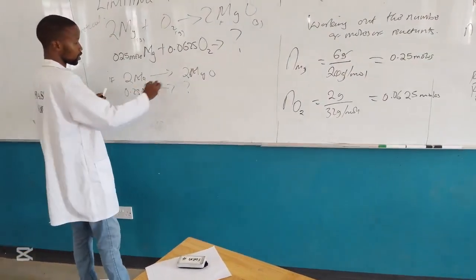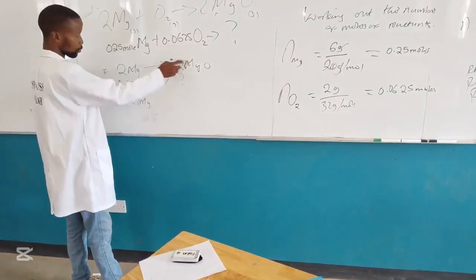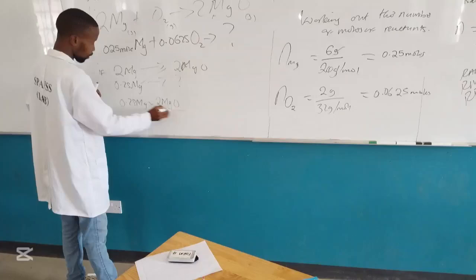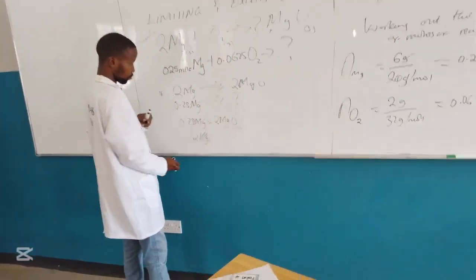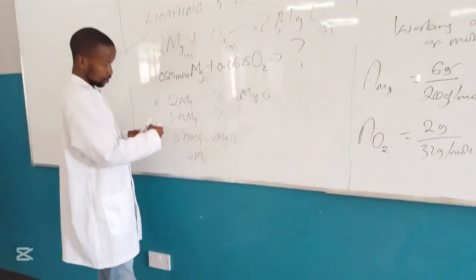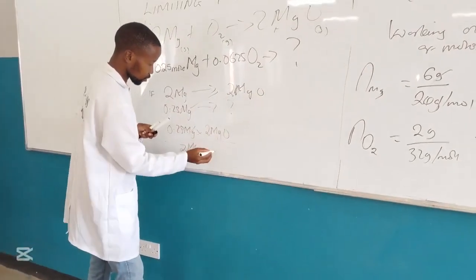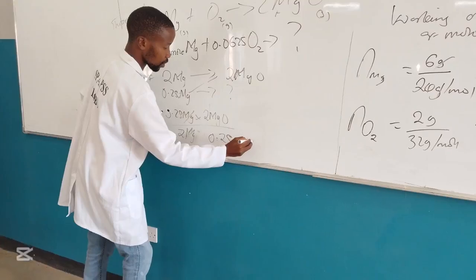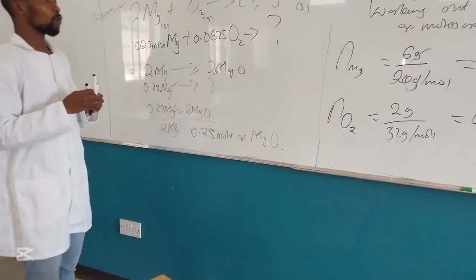So if we had to do that, then 0.25 Mg multiplied by 2 MgO divided by 2 Mg. So 2 into 2, 1. Then you have 0.25 moles of MgO.